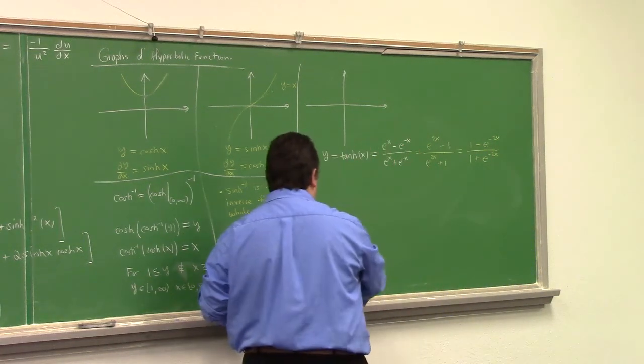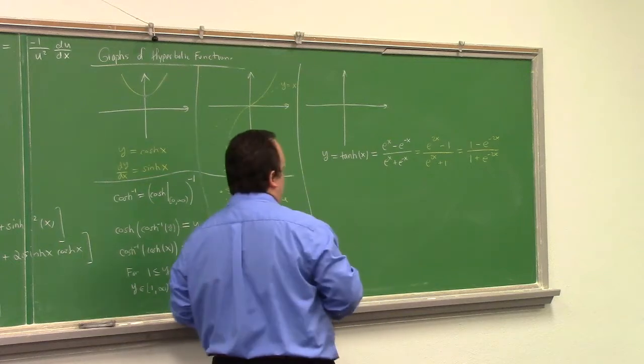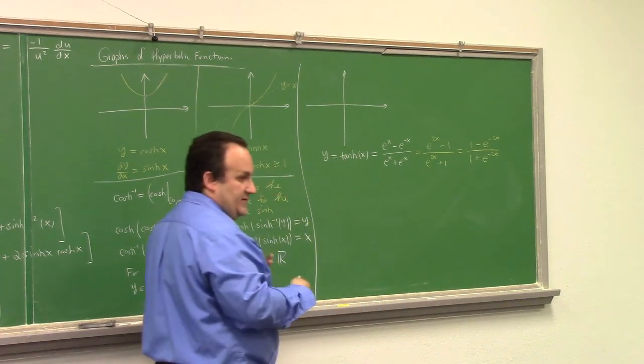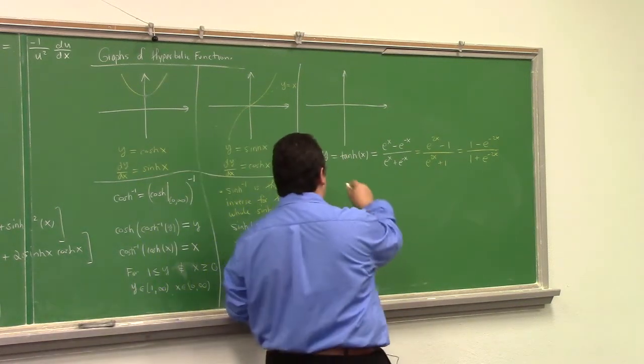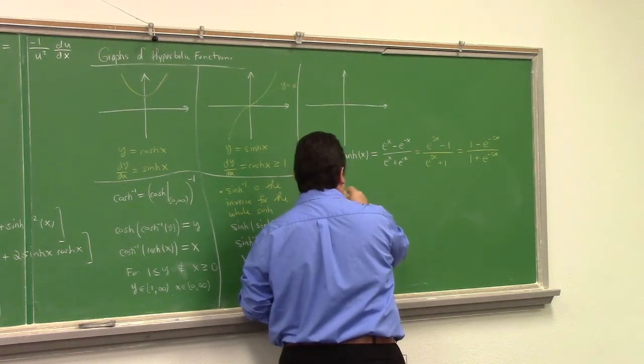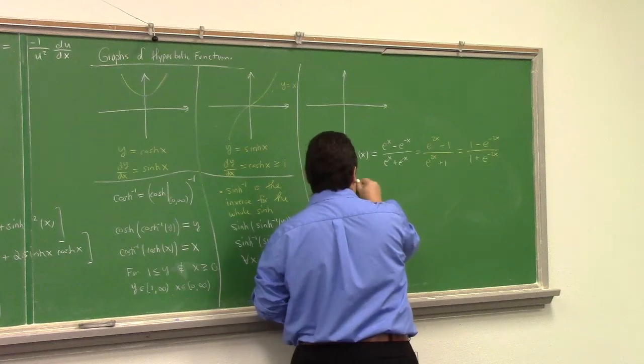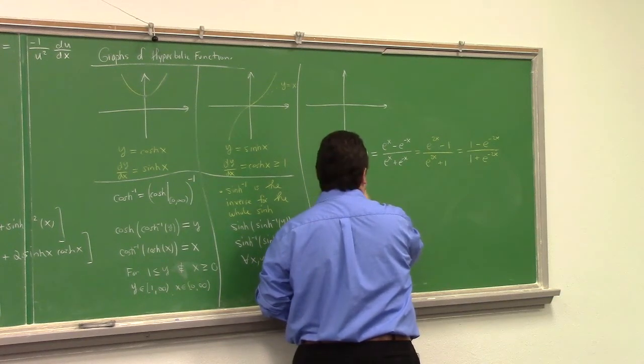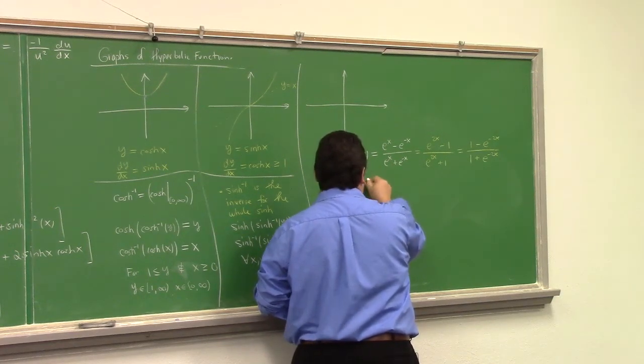I'm just multiplying. These three formulas I find useful because from those I can see the limit as x goes to infinity of hyperbolic tangent. What's it equal to?